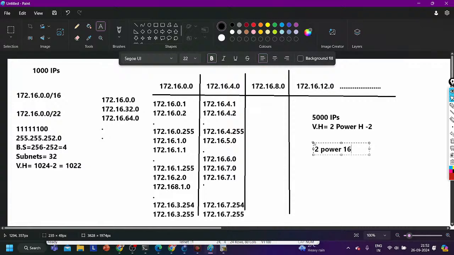From class C you can get up to 2^8 IP addresses, and from class A you can get up to 2^24 IP addresses.